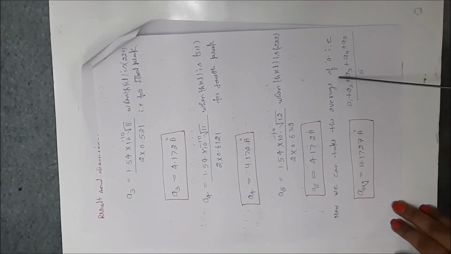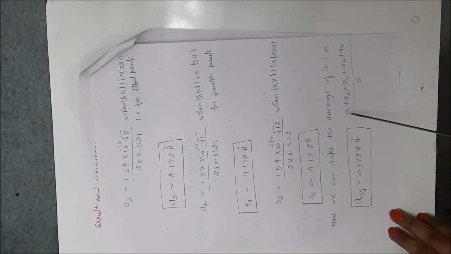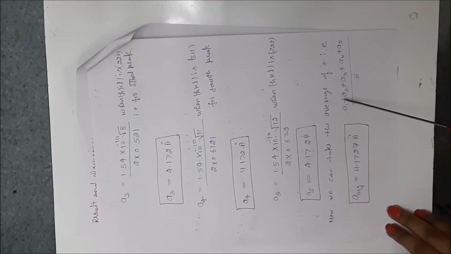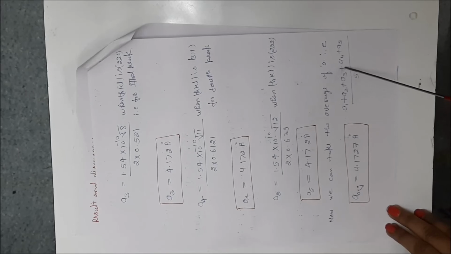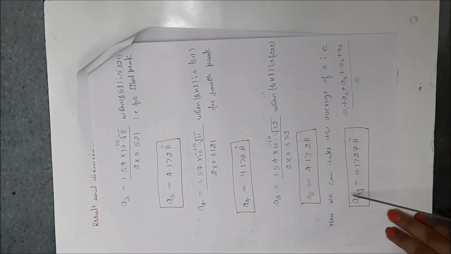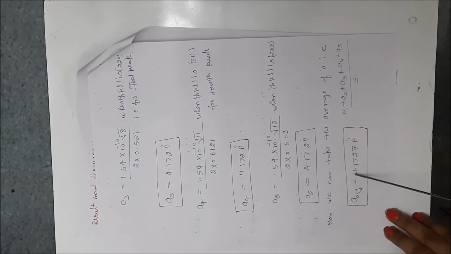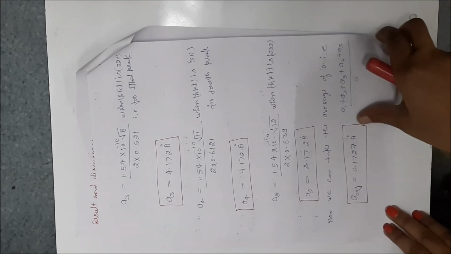Now we can take the average of a: a1 plus a2 plus a3 plus a4 plus a5 upon 5. The value of a average is 4.1727 angstrom.